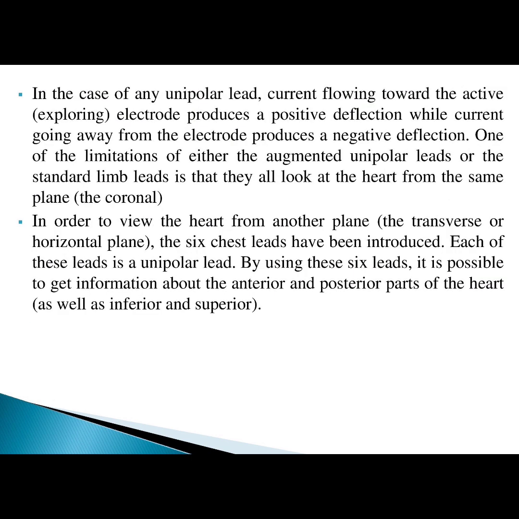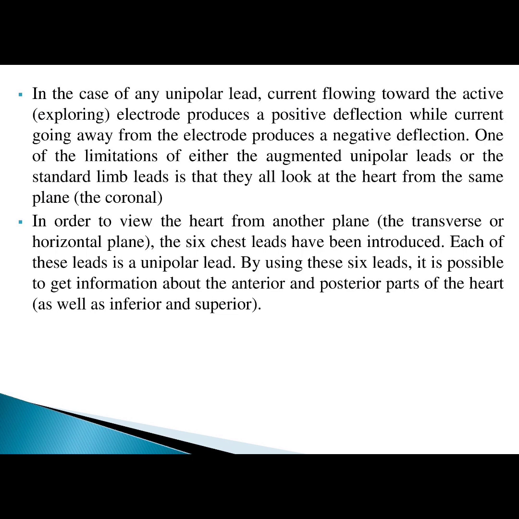In the case of any unipolar lead, current flowing towards the active electrode produces a positive deflection, while current going away from the electrode produces a negative deflection. One of the limitations of either the augmented unipolar leads or the standard limb leads is that they look at the heart from the same plane.